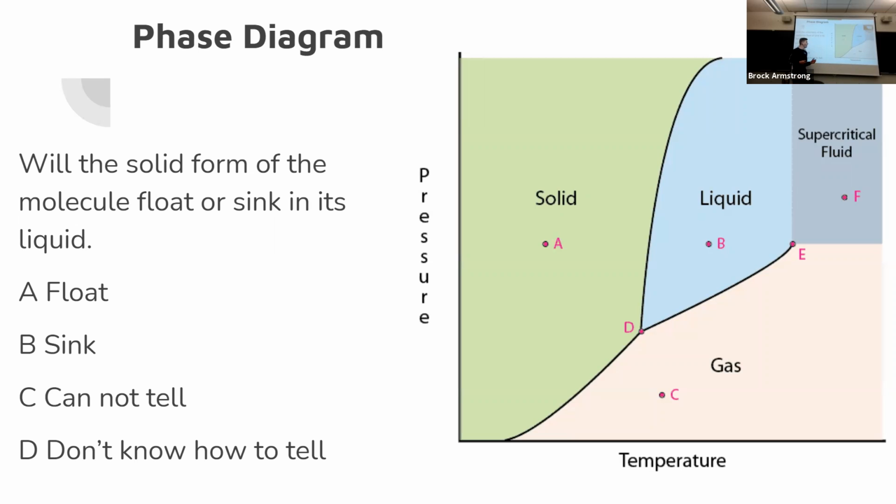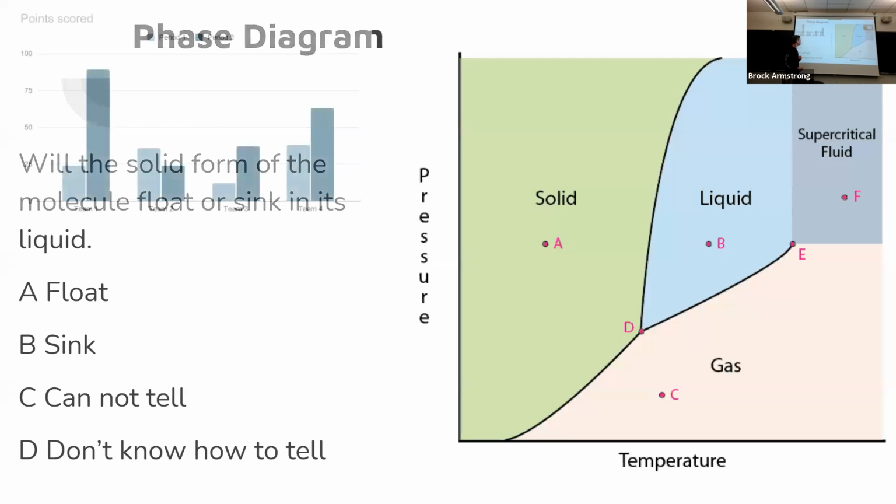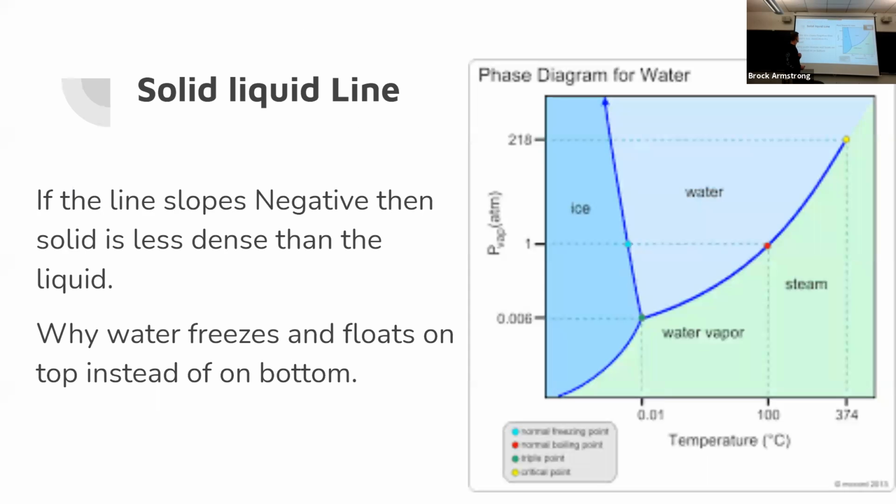Ice will have a line pointing from that side up. And I think we have one on the next slide, actually. Yes, this is what we want to talk about, because this is water. So for ice, this line points negatively that direction, because ice is less dense than water when the H2O molecules form that lattice structure.